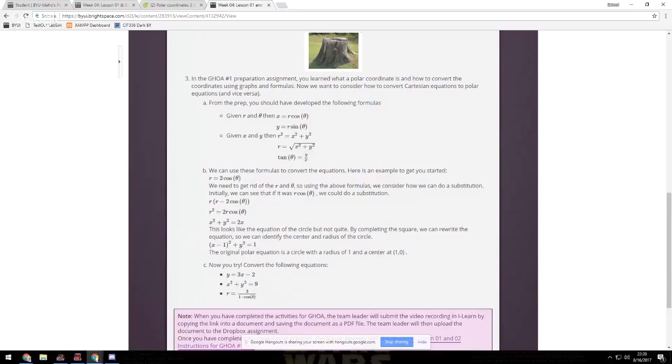So I multiplied it over and I got r minus r cosine theta. I changed it to r minus x equals 3.